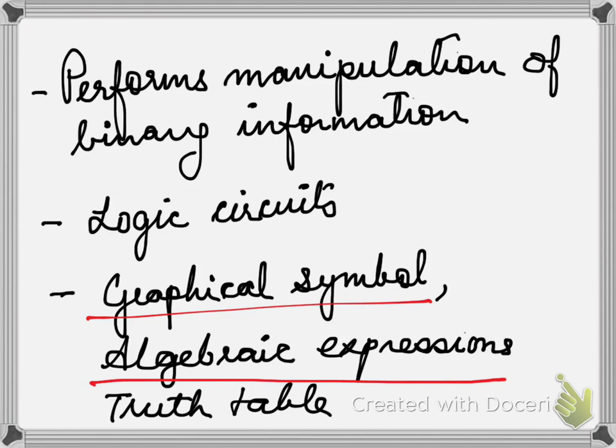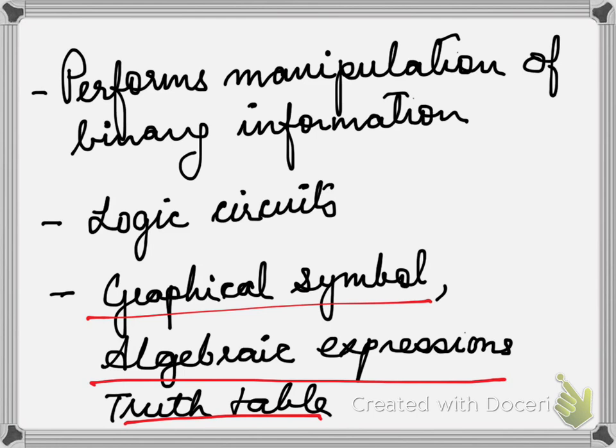Finally, in a tabular format, we have the inputs to the gate and the output. If the input is A, what would be the output? This is known as the truth table. So without any more delay, let us start off with the different operations.